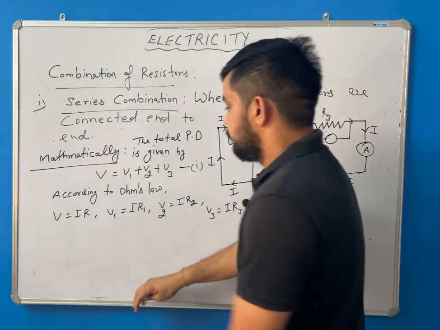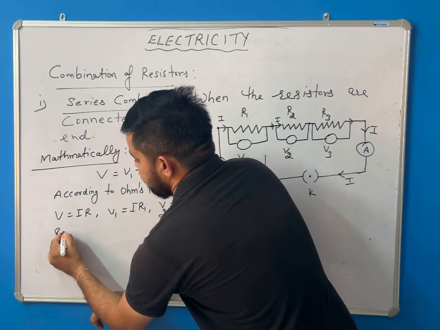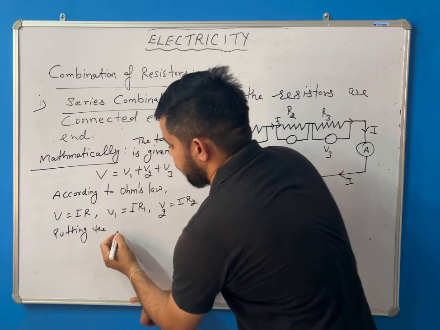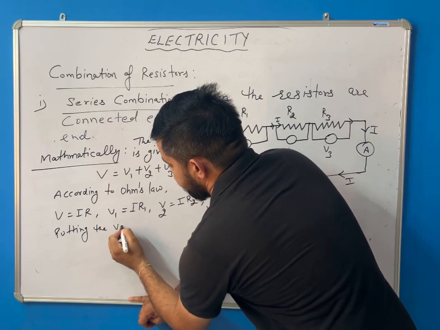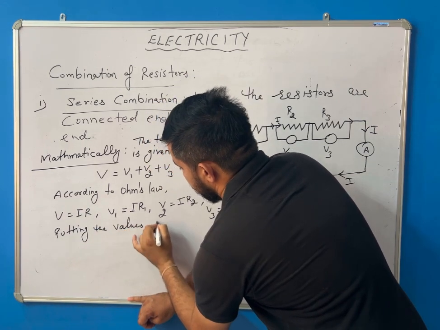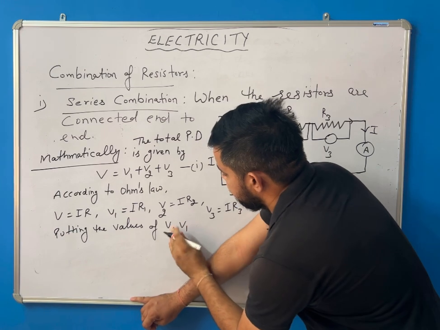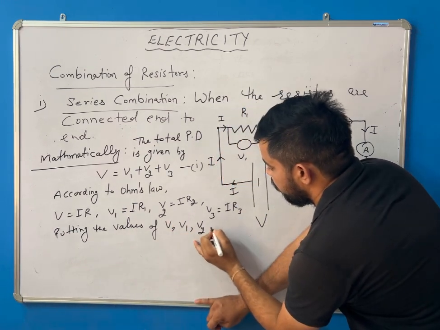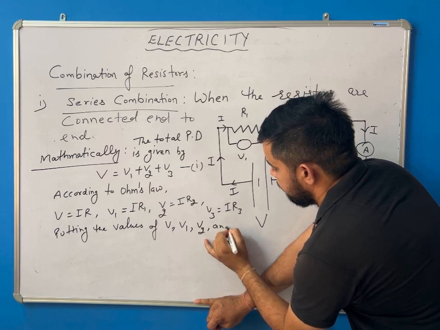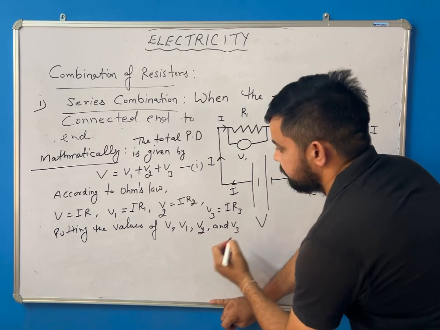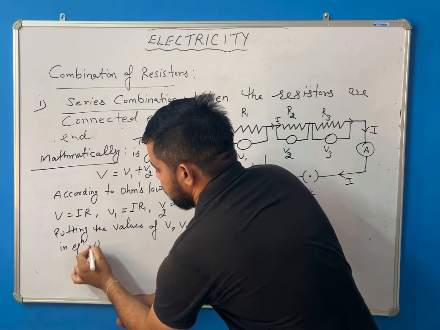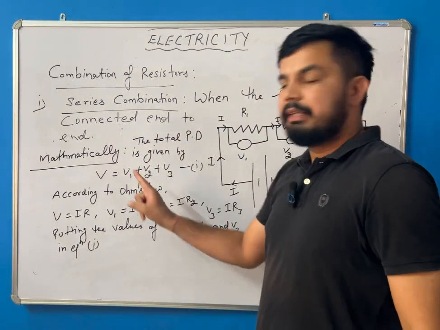Now, putting the values of V, V1, V2 and V3 in equation 1, what will we get?